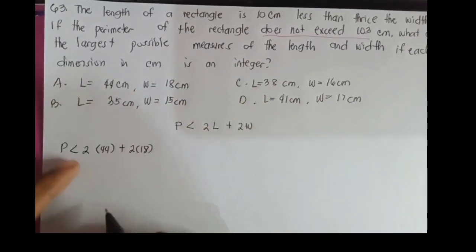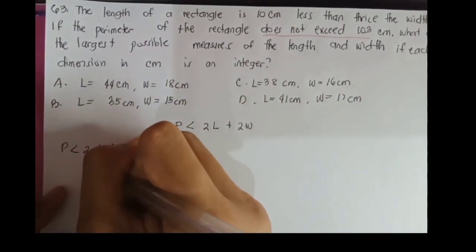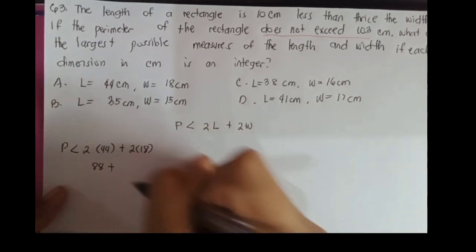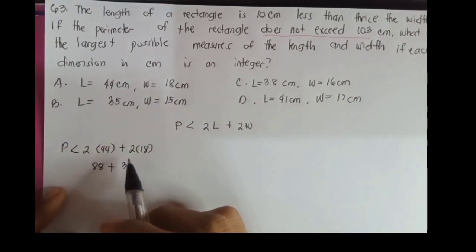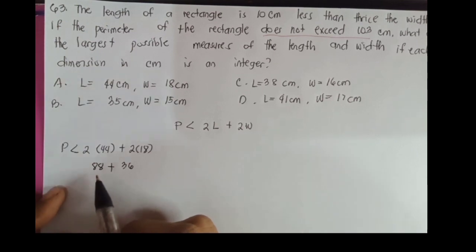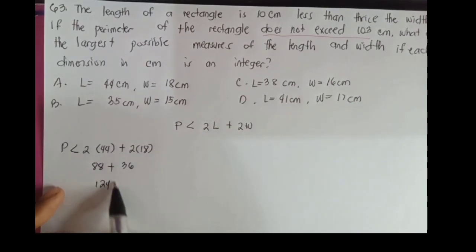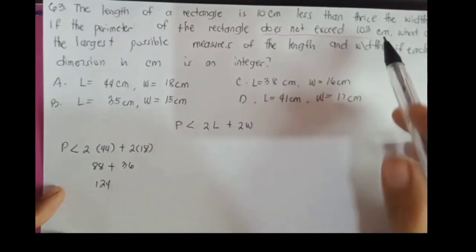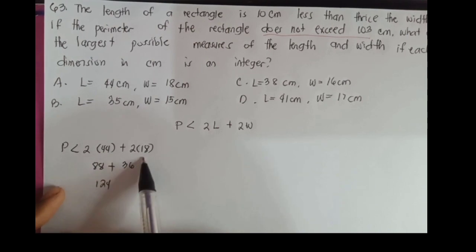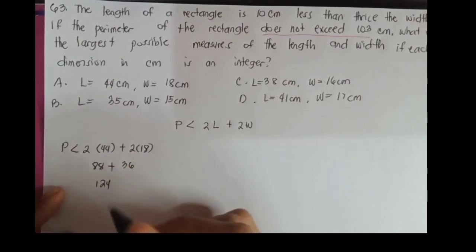It will become 2 times 44 is 88, plus 36, since 2 times 18 is 36. 88 plus 36 is 124. Since it exceeds 103, therefore the values for length and width are not correct.